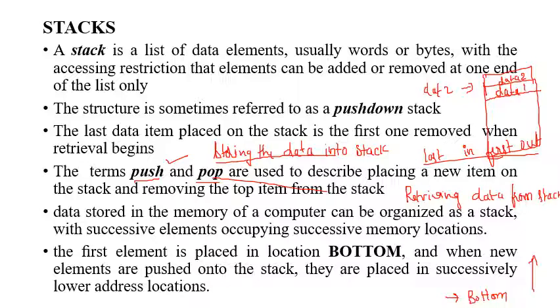For example, if the first location of the stack is pointing to location 200, let me assume 200, then the first data will be stored in address 200, and the next data in address 199, the second data, third, and so on. That means the stack will grow in the lower order addresses.